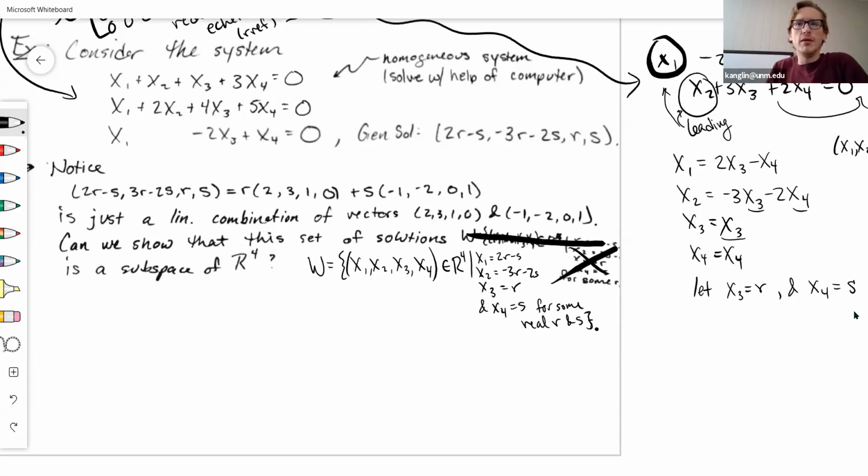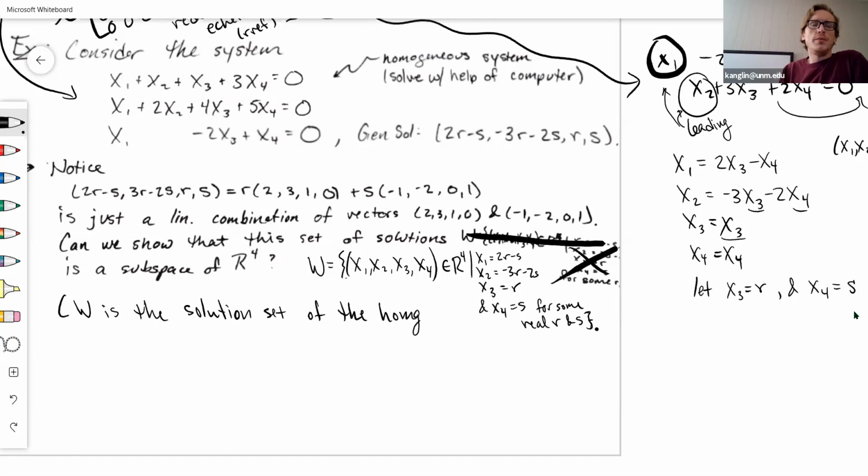Starts all the way over here, ends all the way over here. Okay, but that's just the solution set of that homogeneous system we started with.